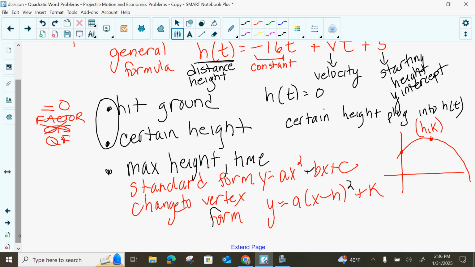You're going to remember h is negative b over 2a, and k, you plug h into standard form.